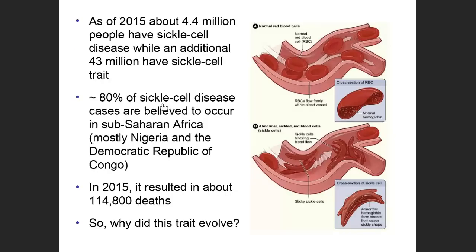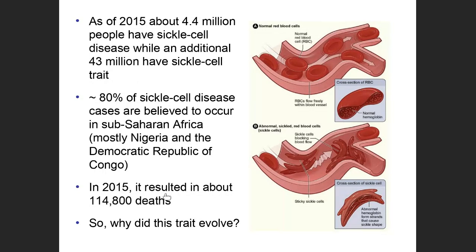But it's estimated that about 4.4 million people have sickle cell disease, the actual disease, and 43 million have the sickle cell trait. About 80% of sickle cell disease cases are believed to occur in sub-Saharan Africa, mostly Nigeria and the Democratic Republic of Congo.